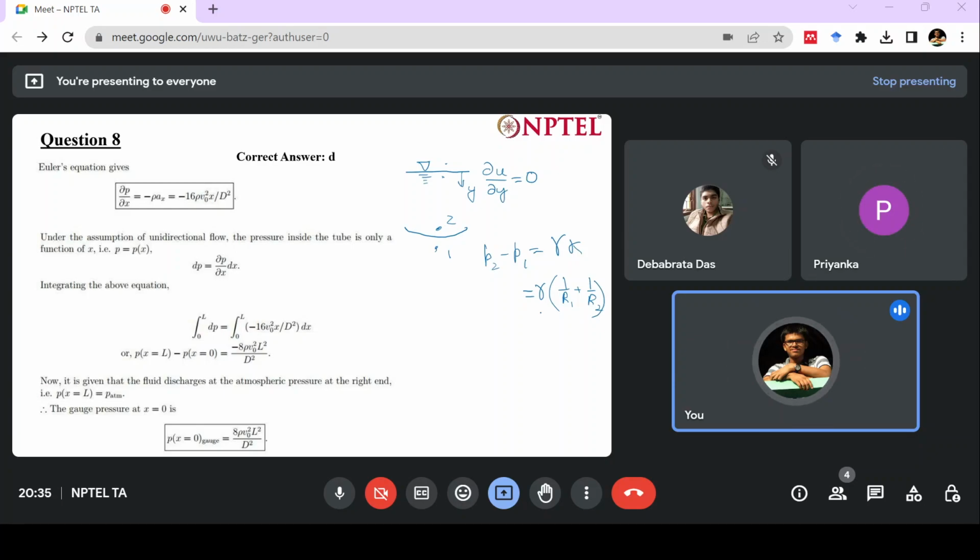Yes, sir. So if there is a curved surface, then the pressure outside the curved surface and inside the curved surface are different, and that's why the surface is curved. Basically, on one side there is some excess pressure which is pushing the surface from its plane nature, making it curve.